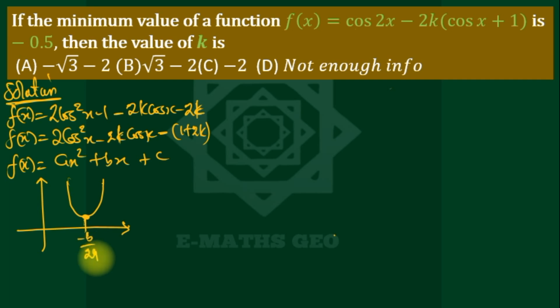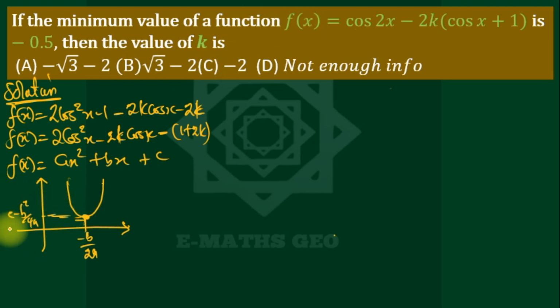That's the x coordinate. The y coordinate is c minus b squared over 4a. Whenever you talk about value, we are talking about the y, the result, after substituting x.